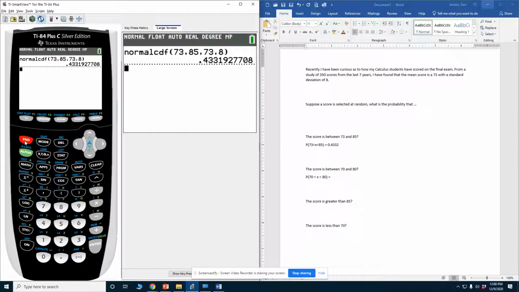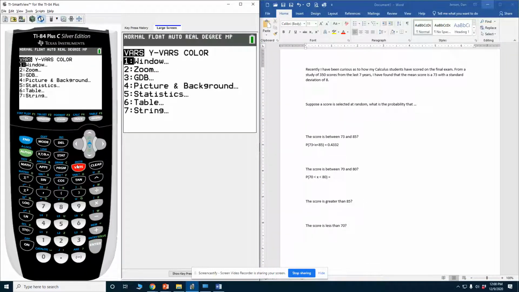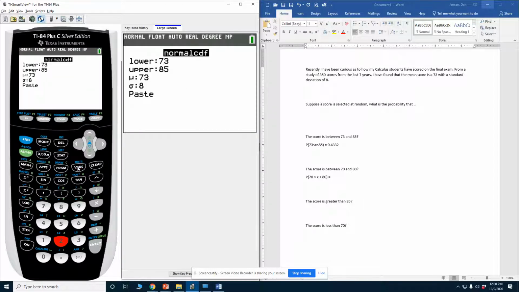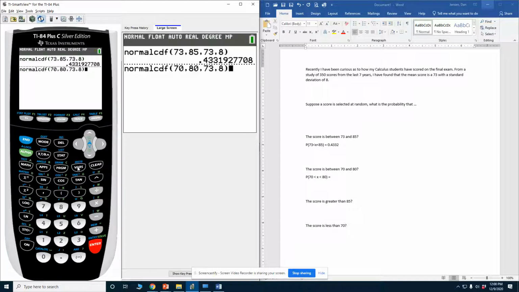Second distribution, number 2, normal CDF. Now my lower end is 70 and my upper end is 80. I still have a mean of 73 and a standard deviation of 8, so I don't need to change those. I select paste and press enter, and I found that this probability is 0.4554.